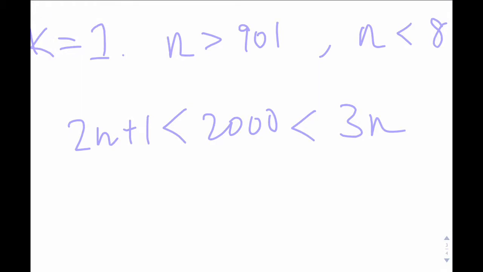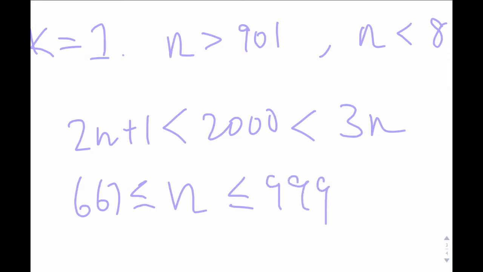So our lower bound will be 667. Our upper bound will be a little bit less than 1000, so 999.